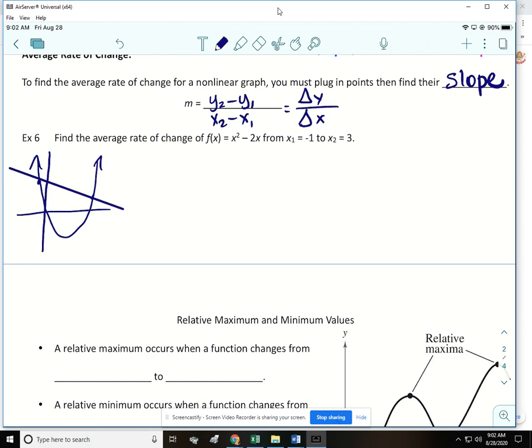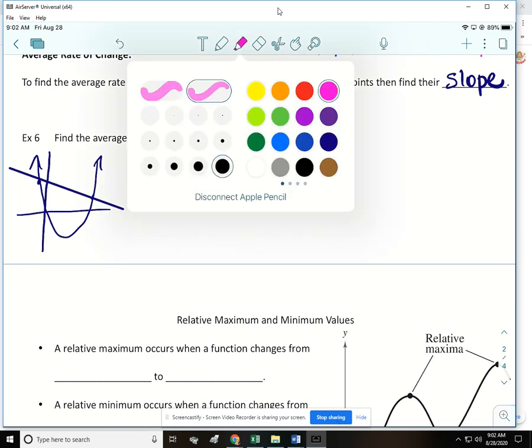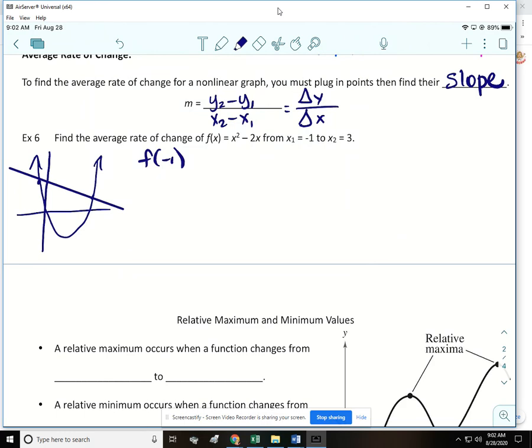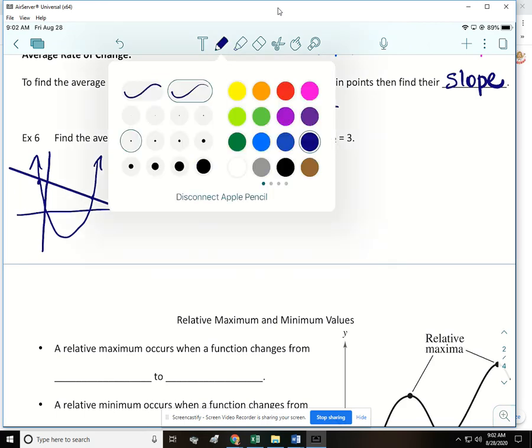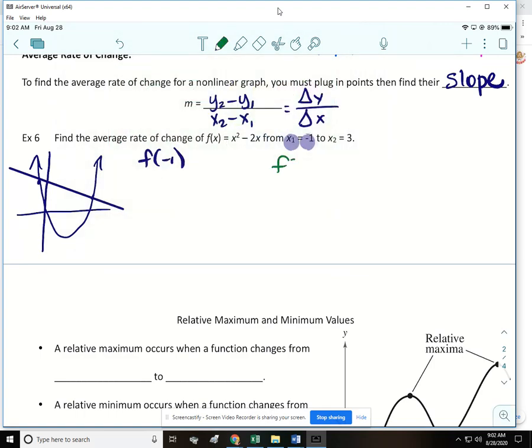So to do that, we need to find f of -1 from this -1 right here. And we're going to need to find f of 3 from this 3 right here. All right. So to find f of -1, we're just going to plug -1 in for x.